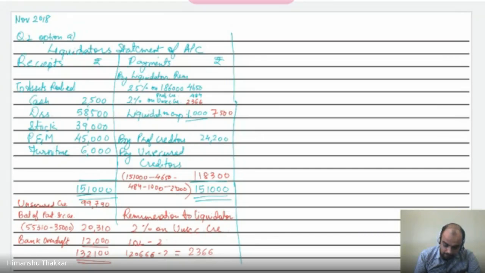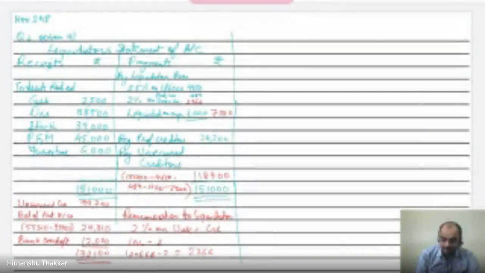Now, new shares will be calculated on the basis of the intrinsic value. So 15,000 into 150, the intrinsic value of X Limited, divided by the intrinsic value of the shares of Y Limited, that is 300. So the new shares that will be issued will be 7,500 shares.